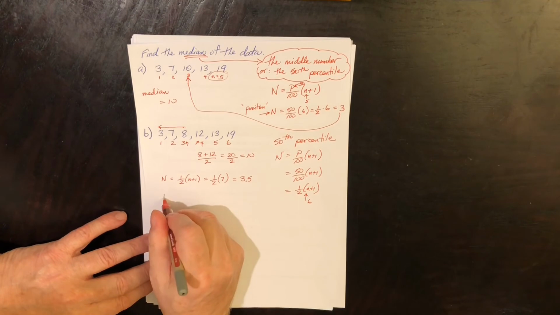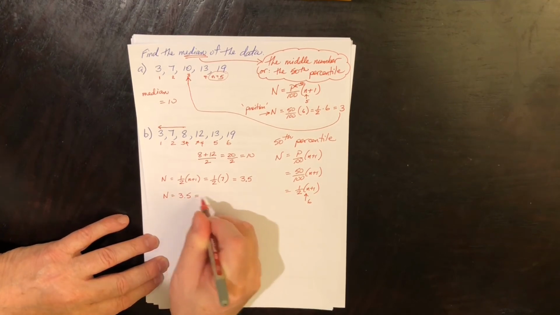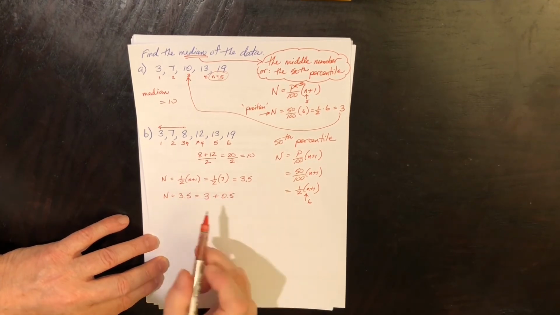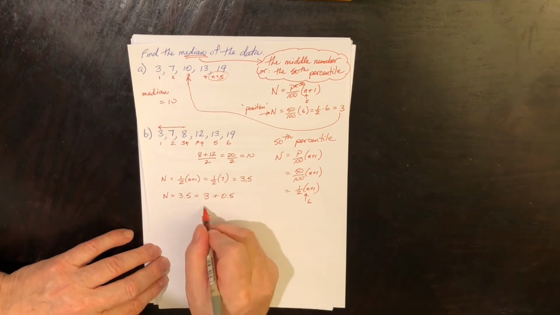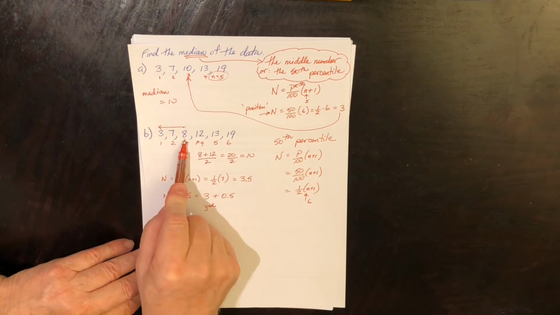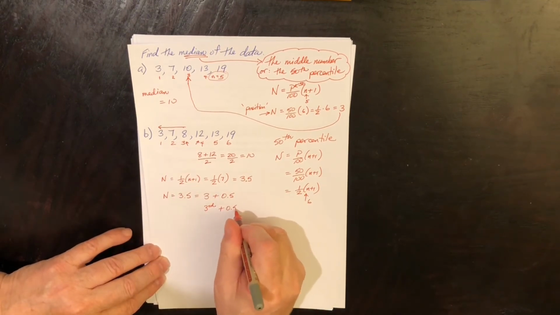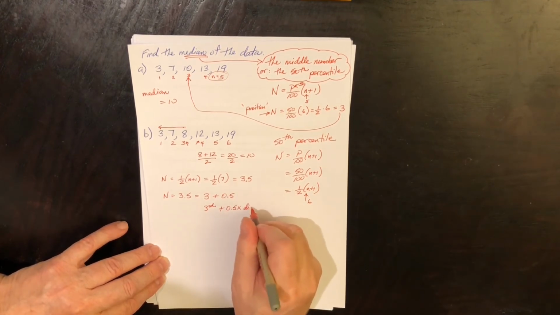The position is 3.5. 3 plus 0.5. Break the number up into 2 pieces. 3 means the 3rd number. The 3rd number is the number 8. Plus 0.5 times, half times the distance.